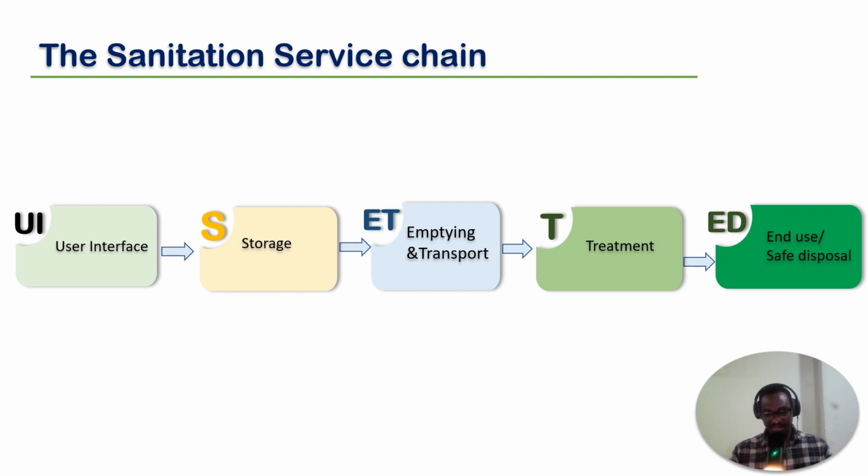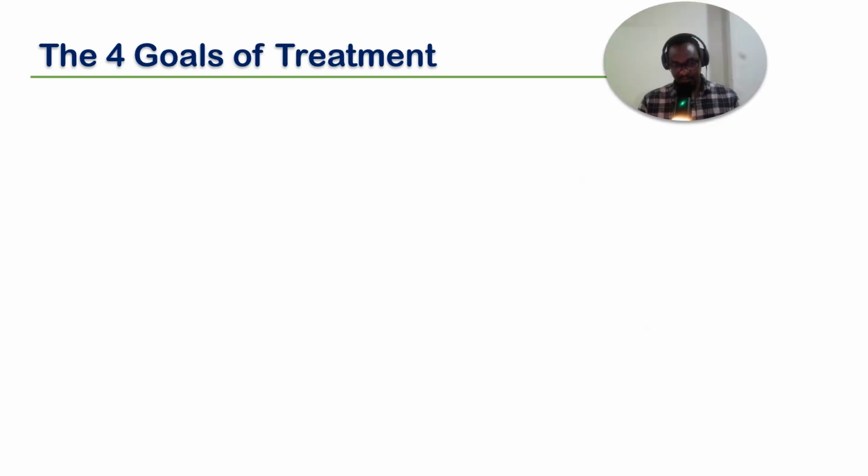For example, energy, agriculture. These are some of the resource recovery avenues that can be used in relation to fecal sludge. Just to emphasize, sanitation works as a chain and not in isolation. And our focus here, we are looking at treatment, which is key for the next session.